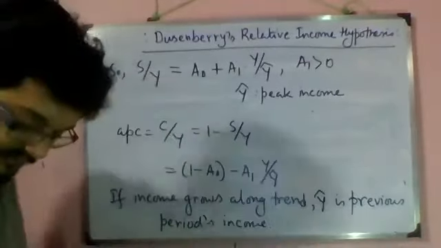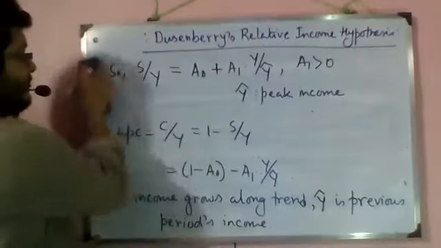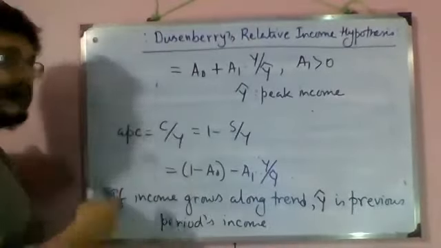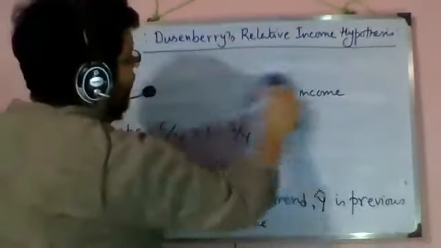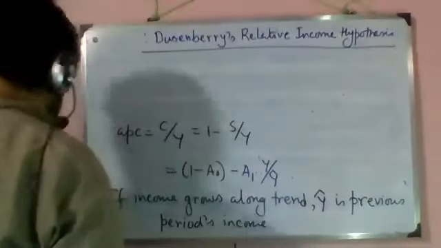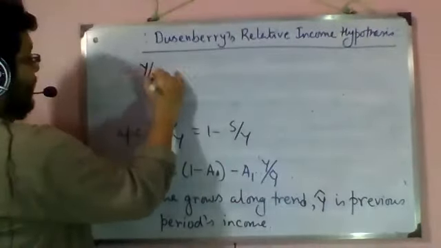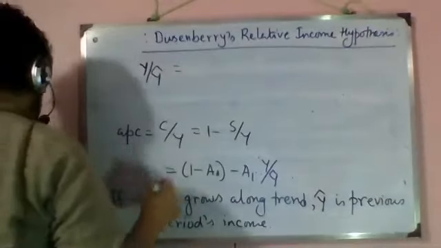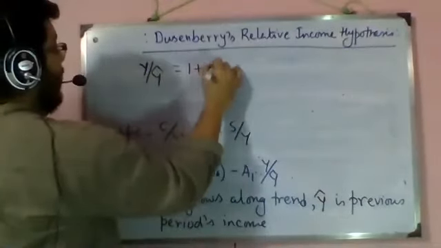And this allows us to write an expression of Y divided by Y hat. So what is that expression? That expression is Y divided by Y hat is basically 1 plus gY.